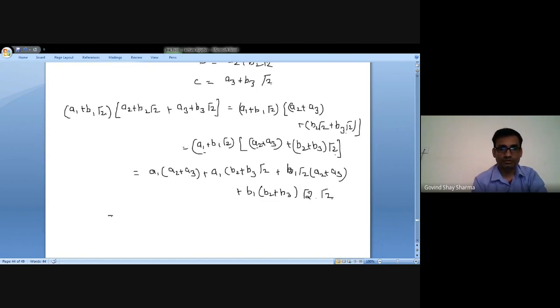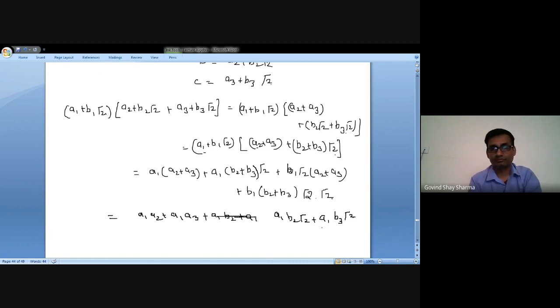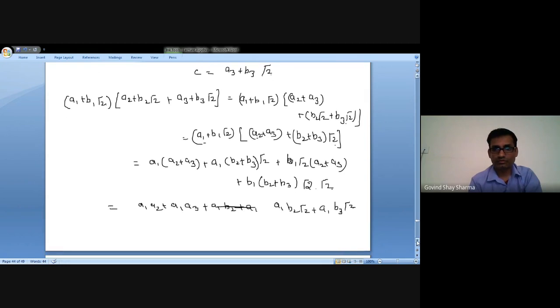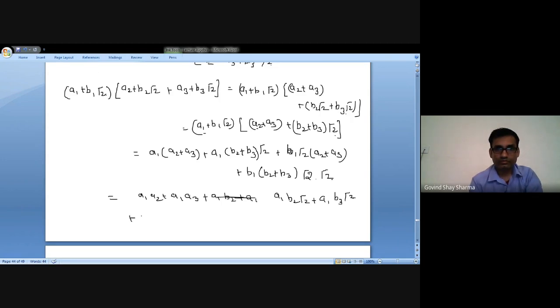So here we can do A1 A2 plus A1 A3, A1 B2 plus A1 B3 root 2, plus B1 A2 root 2 plus B1 A3 root 2, root 2 times root 2 becomes 2, so 2 B1 B2 plus 2 B1 B3.